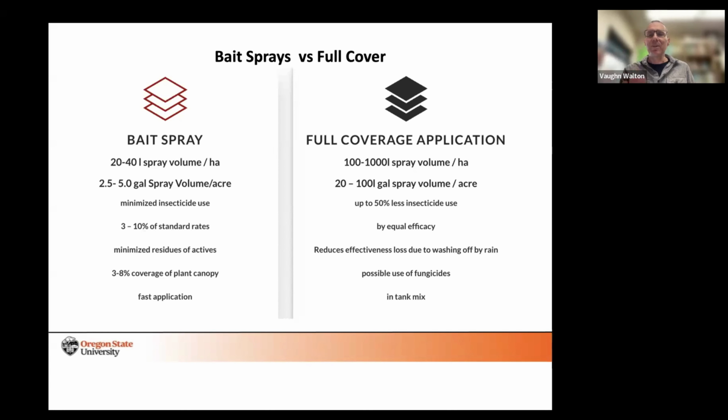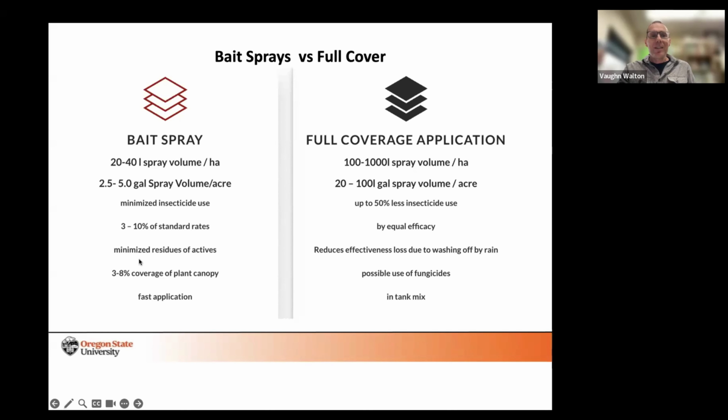So as an example, we're looking at Entrust, you're using 6 ounces per gallon of Entrust. When you're doing a bait spray, you're doing 0.6 ounces or less. You could be doing 0.2 ounces of Entrust per acre. So your toxicant is reduced at least 10 times than a full cover application.